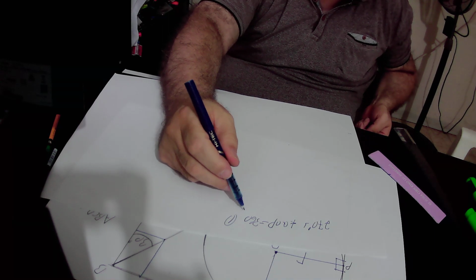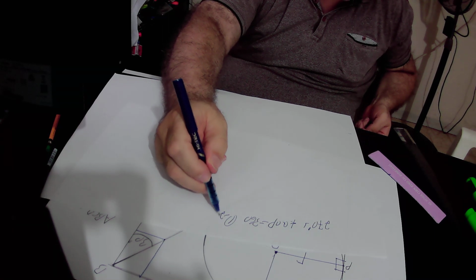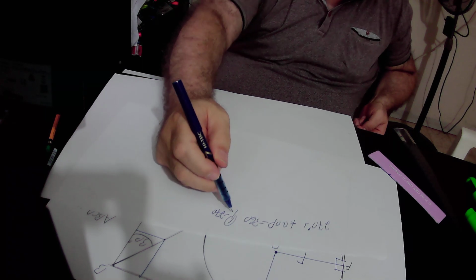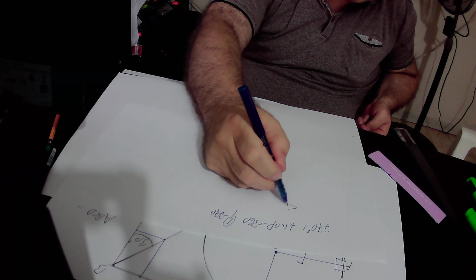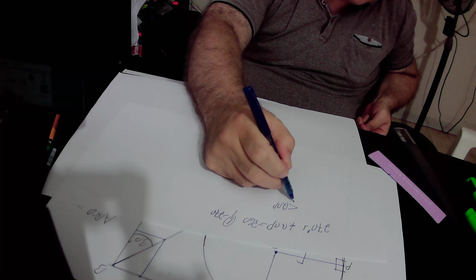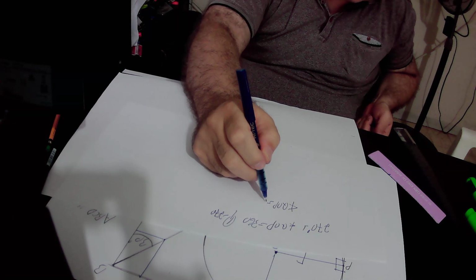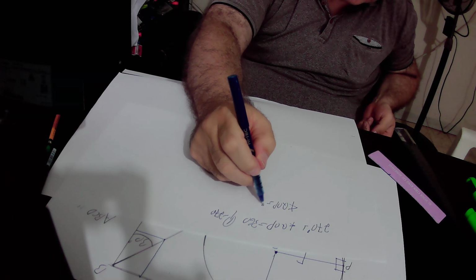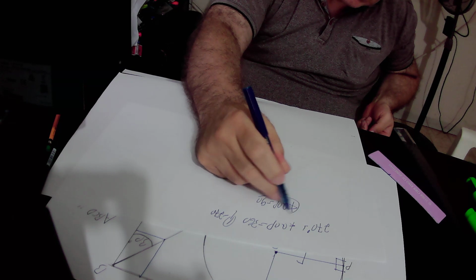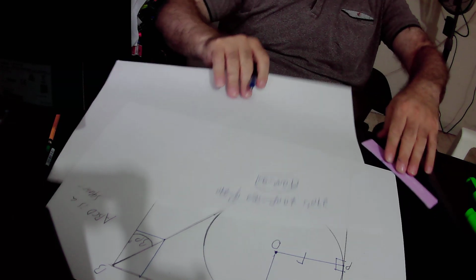Here we subtract 270 degrees, and we get that the missing angle QOP is equal to 360 degrees minus 270 degrees, which is 90 degrees. So this angle is a right angle.